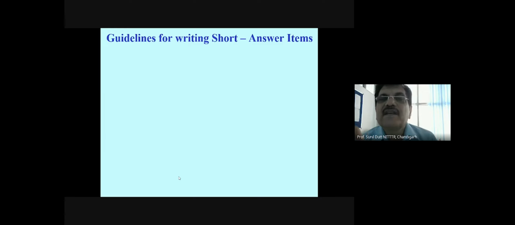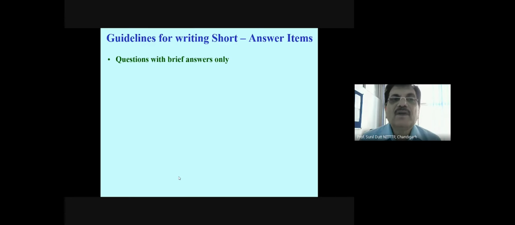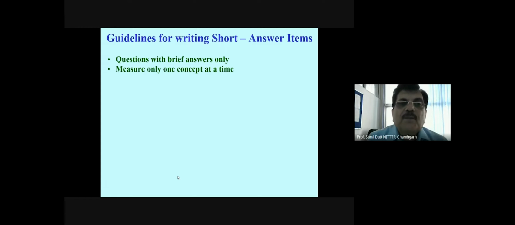Now, if I say chlorine belongs to a group of elements that when combined with hydrogen form salts, therefore it is called dash, meaning halogen. Please prepare questions with brief answers only, because here we are not giving enough freedom to the student to respond. So, questions with brief answers only.